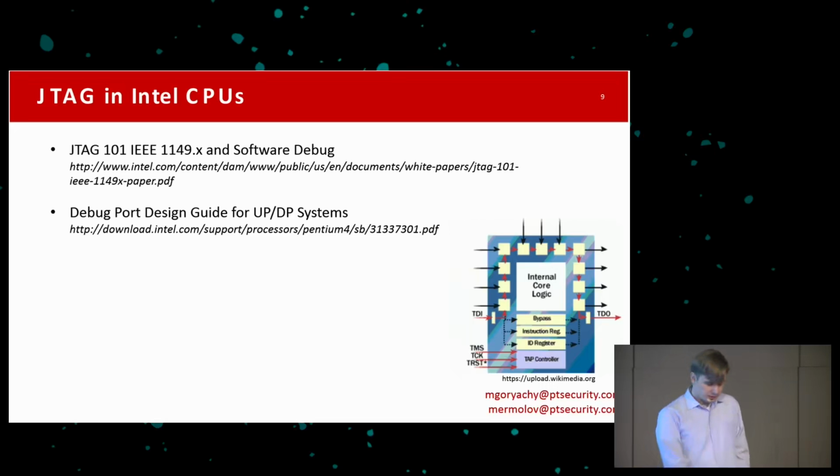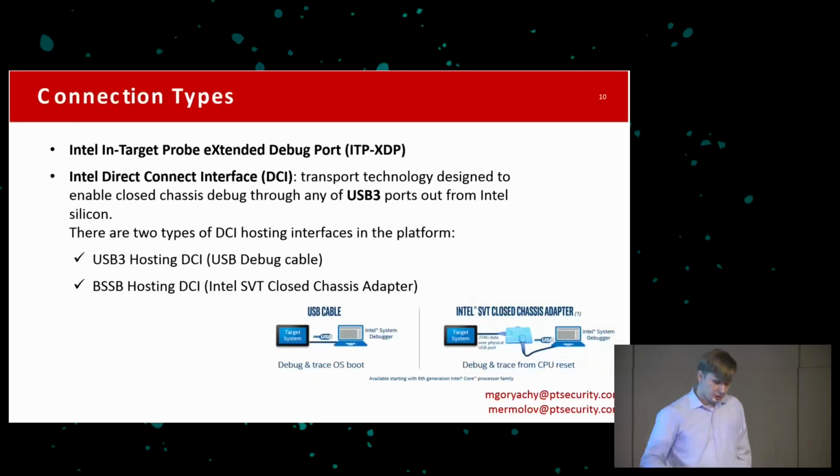As you can see, Intel CPUs have 3 types of interface for JTAG. It's direct connection through Intel In-Target Probe Extended Debug Port, ITP-XDP, and Intel's new technology, the Intel Direct Connect Interface.